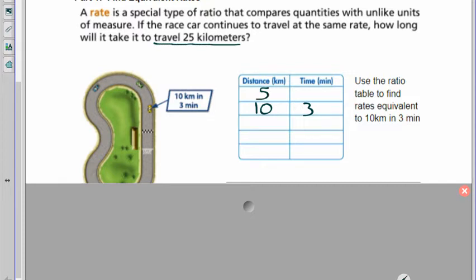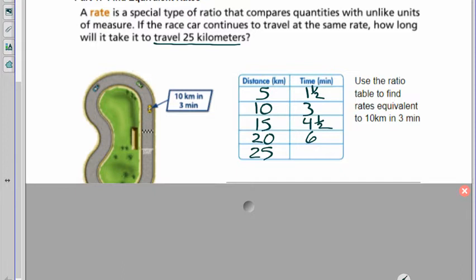If I went 5 kilometers, that's half of 10, and half of 3 is 1 and 1/2. If I went 15 kilometers, well, that's a distance of 5 kilometers plus 10 kilometers. I could add the 1.5 and the 3, and I'd get 4.5. If I went 20 kilometers, that's double the 10. So I'm going to double the 3 and I get 6. Okay, and then if I went to 25 kilometers, that's what I'm interested in.